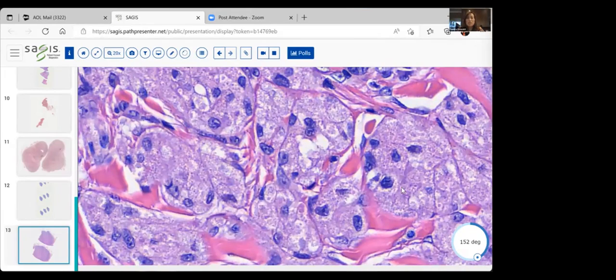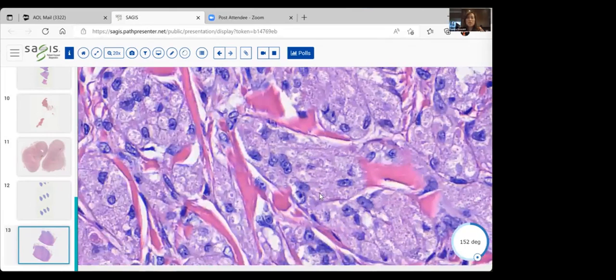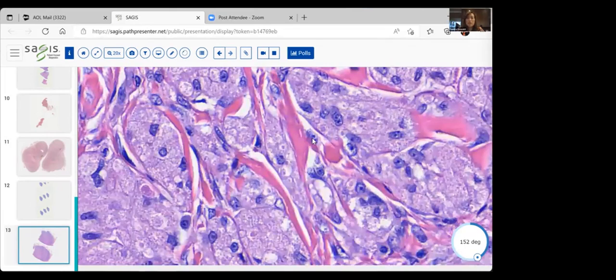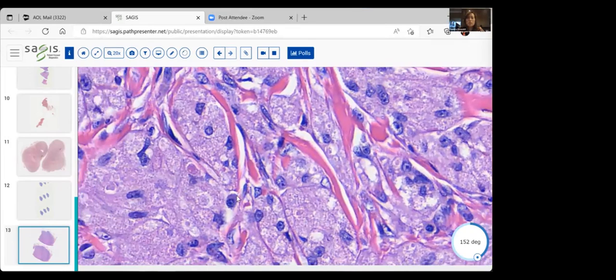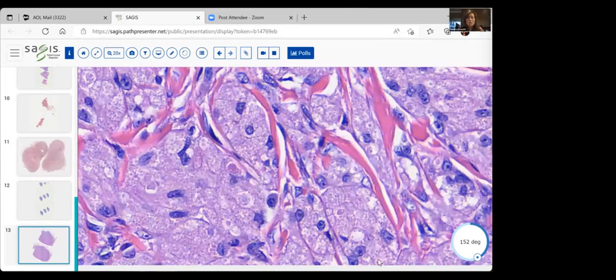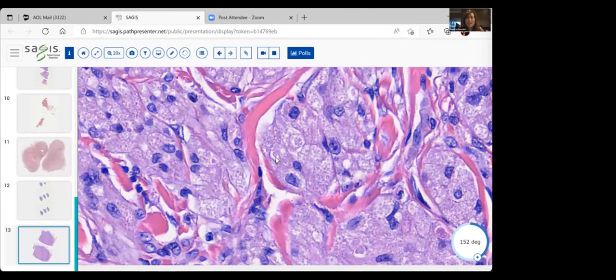If you look at this granular cell tumor, you notice some little pink bodies. Right? I'm going to show you some of them. Like for instance here, that one's a tiny one, or here. And there's actually quite a few really good examples of these little pink bodies. I'm going to focus on this one right here. You see that? It's within the cytoplasm of this large granular cell.